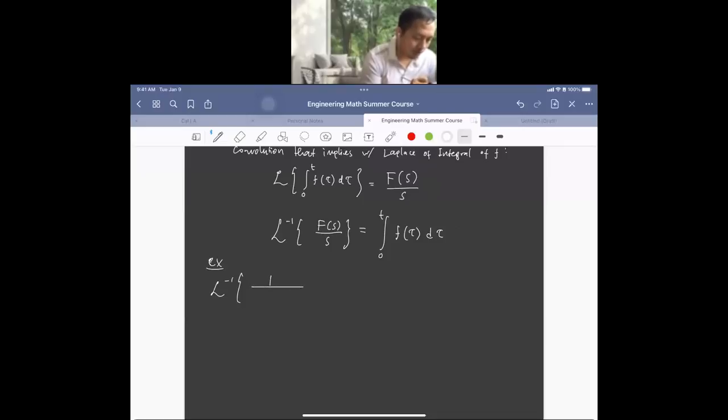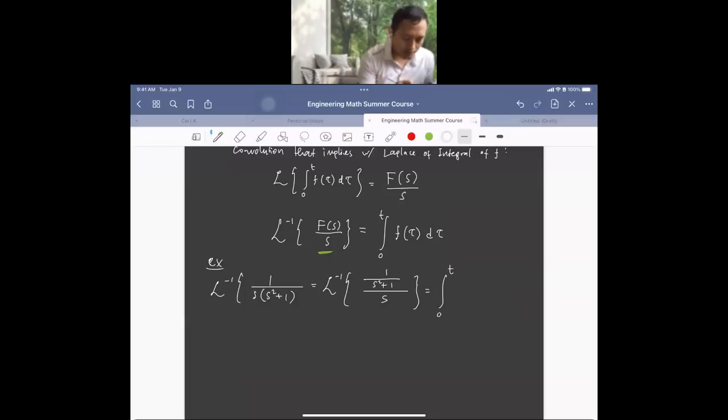Now, if we have a Laplace inverse example, Laplace inverse of 1 over s and then s squared plus 1, we can think of this from Laplace inverse. So basically what we are going to do is check whether we can make this F of s over s. So we know that 1 over s squared plus 1 is just sine, right?